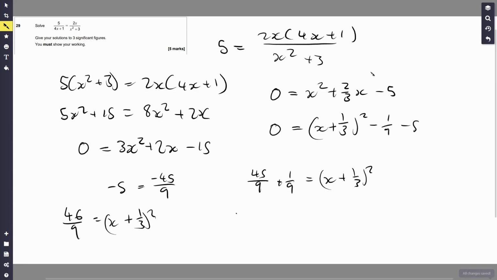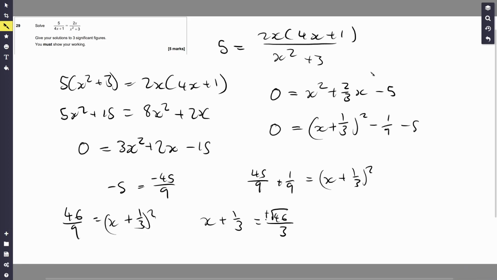Then now I'm going to square root both sides. So when you square root both sides, you have to square root the top and square root the bottom of the fraction. So x plus a third is then equal to root 46 over 3, because square root 9 is 3.